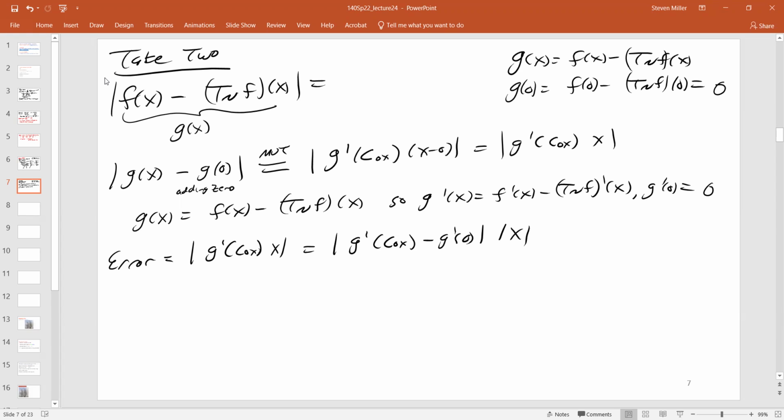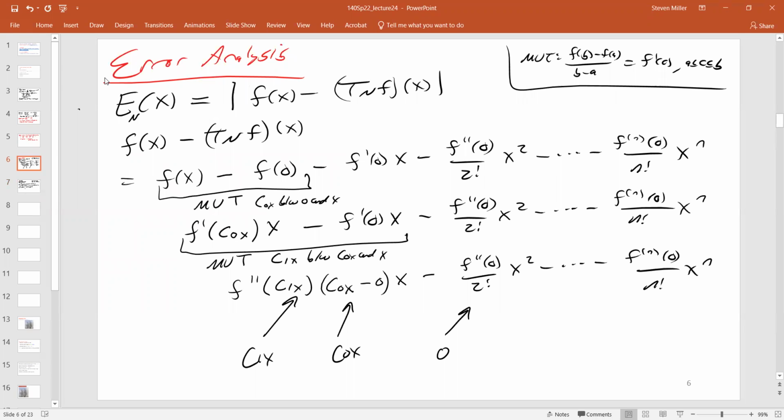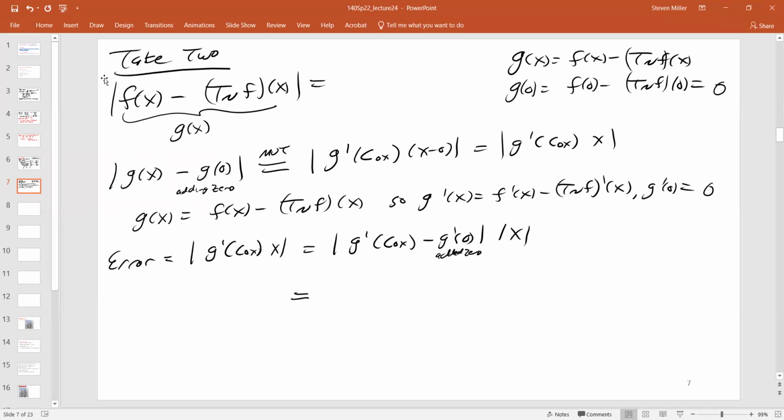I've just added 0. How would I study that? What would I use? Mean value. And because we're taking derivatives, the problem we had before was I still had that 2 factorial in the denominator. I had x versus c0x times x. By using it this way, everything's going to work out.